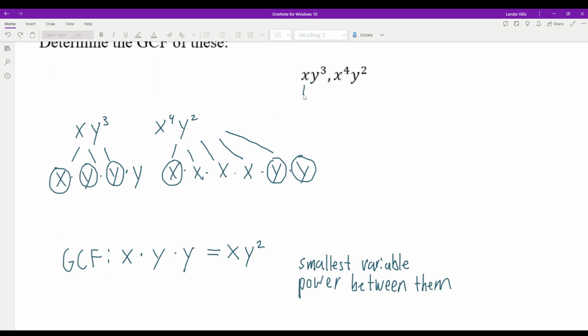The smallest power for the x is just x. See right there. And the smallest power for the y's is squared, 2. Right there. That's the GCF. Very easy shortcut. When you do a bunch of these, feel free to do that instead. But doing it this way shows you how we got the GCF in the first place.